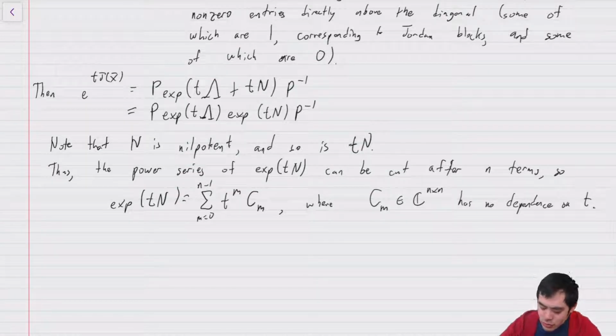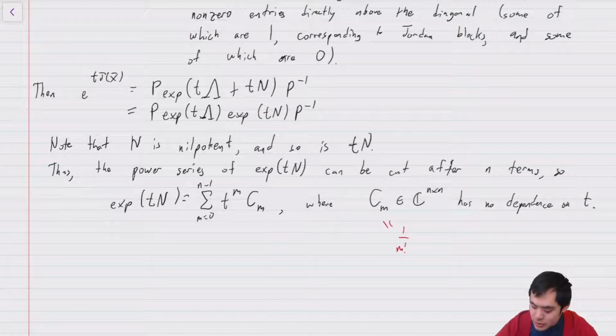In fact, you can write this out: it is just 1 over m factorial times N to the m. But that doesn't really matter. All that matters is that this is some matrix that has no dependence on t.